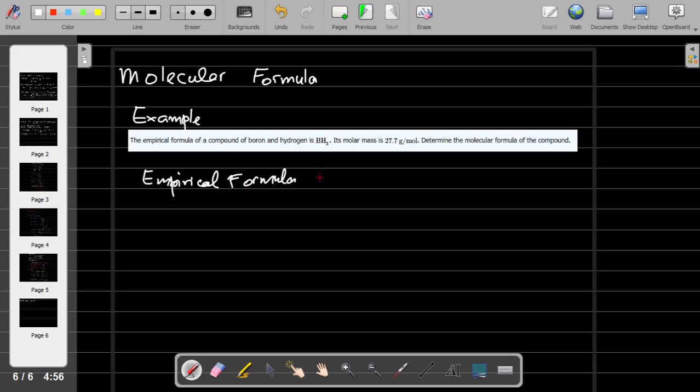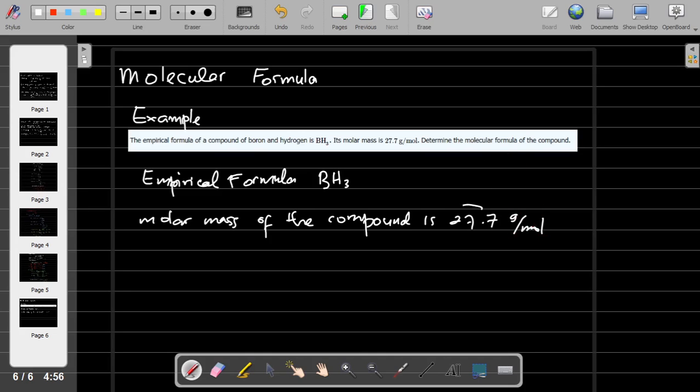The empirical formula is BH3, and the molar mass of the compound is 27.7 grams per mole.